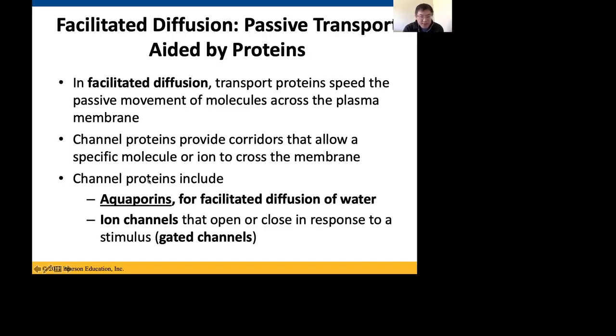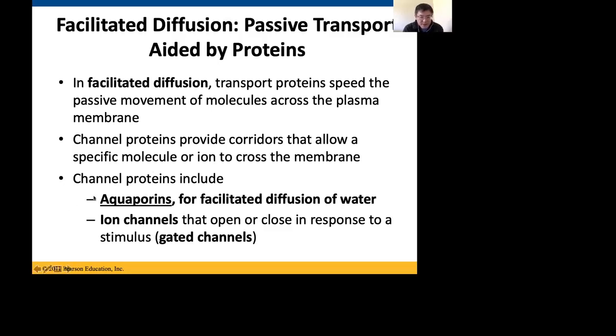This protein can work as a tunnel, or a corridor, to help some molecules or ions cross the membrane, or it can work as a carrier for a specific molecule to cross the membrane.